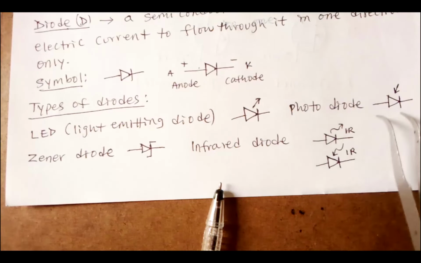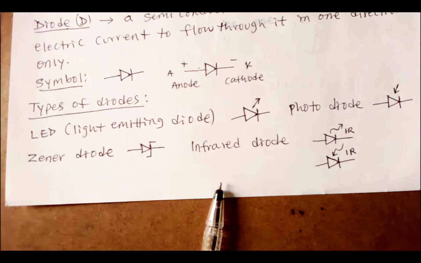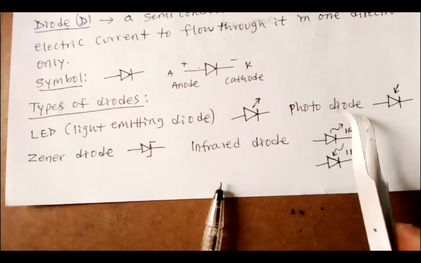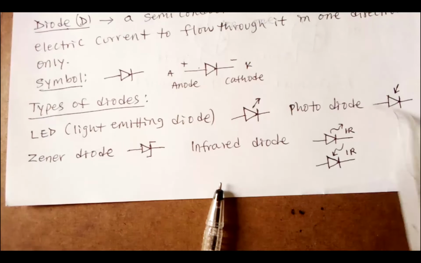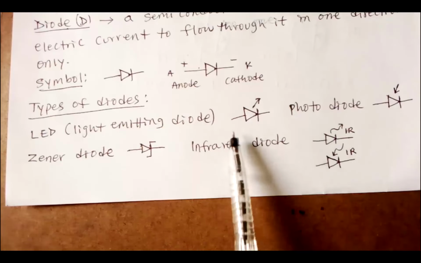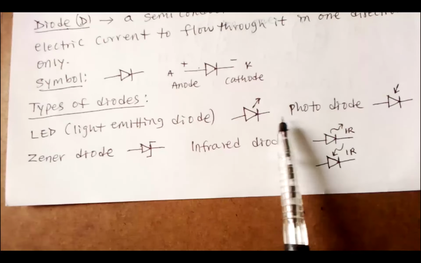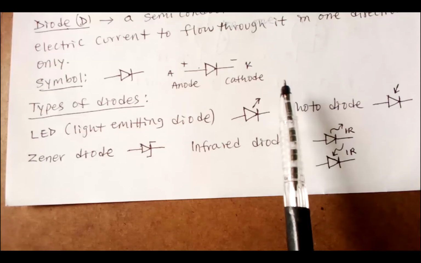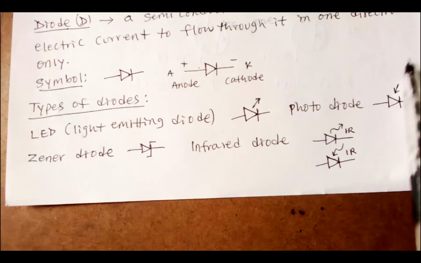Then we have photodiode. We don't have that one here with me. Photodiode is the one where, when light shines on it, current will flow. Whereas with the LED, when current flows in that direction, it will emit light. You understand? With the photodiode, when light shines on it, it will allow current to flow.